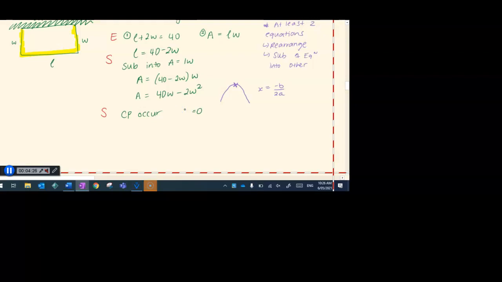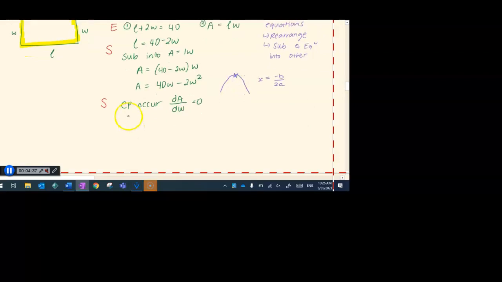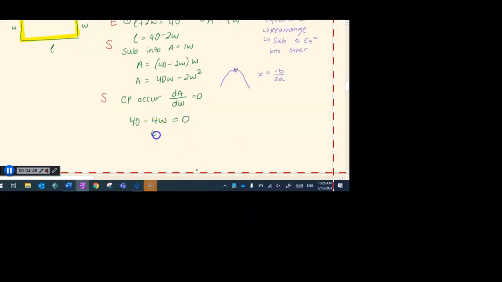So how would we actually write it down? Derivative of A with respect to W. So we derive A, we get 40 minus 4W equals 0, and we solve that, we get 40 equals 4W, W equals 10.